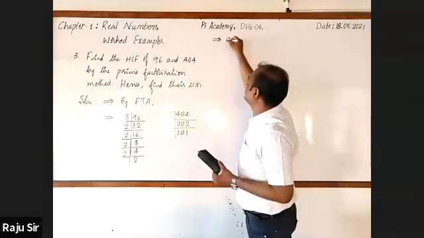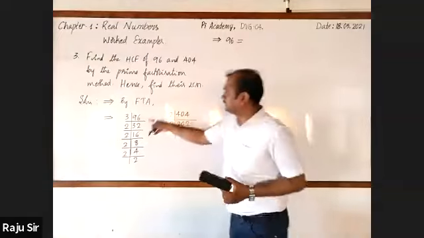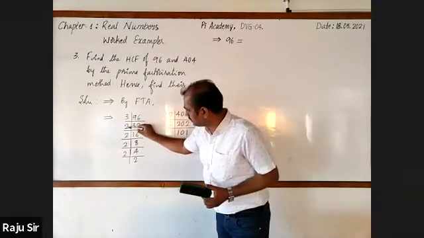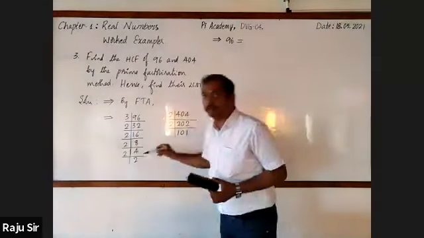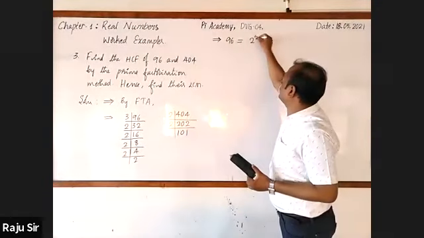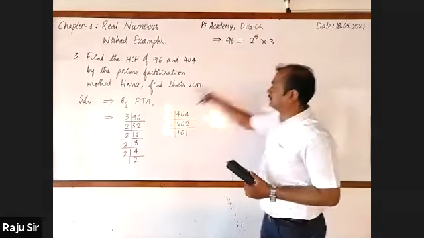Write the prime factorization of each of the numbers. 96: 2 is repeated 1, 2, 3, 4, 5, that is 5 times. 2 raised to the power 5 into 3.